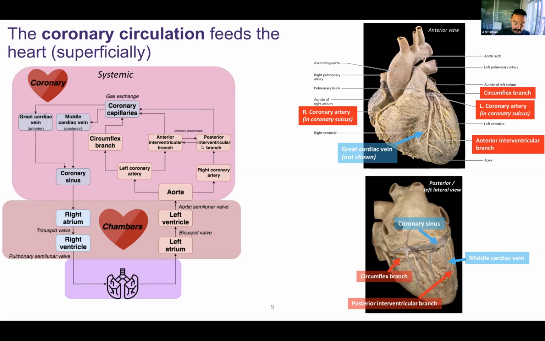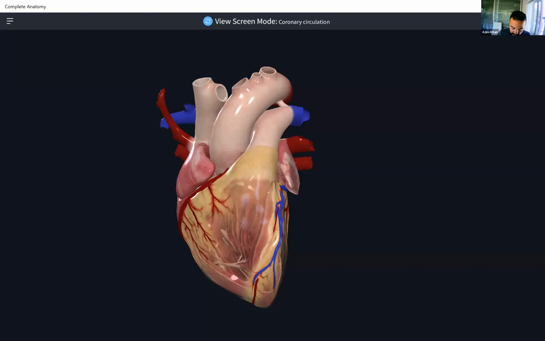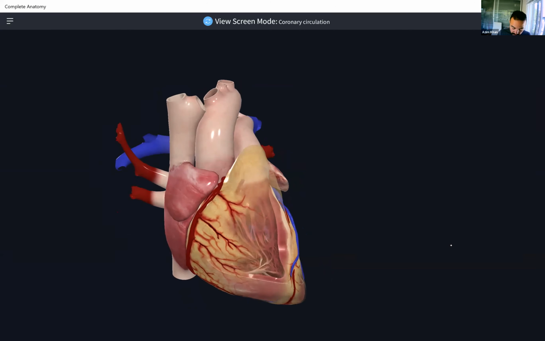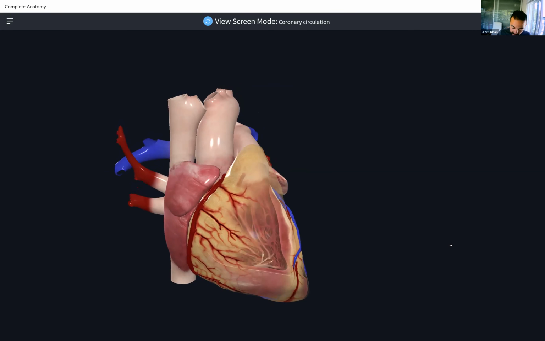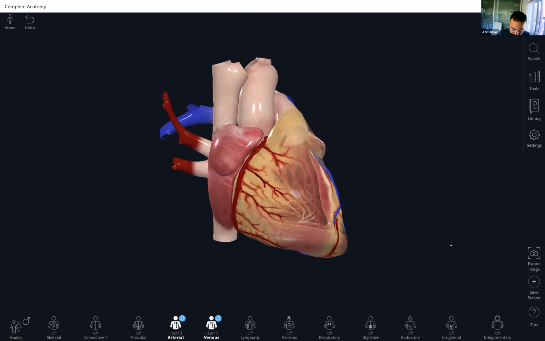Let's switch to Complete Anatomy, so you can see this in 3 dimensions. I'm going to exit out of screen mode. Let's orient ourselves a little bit.